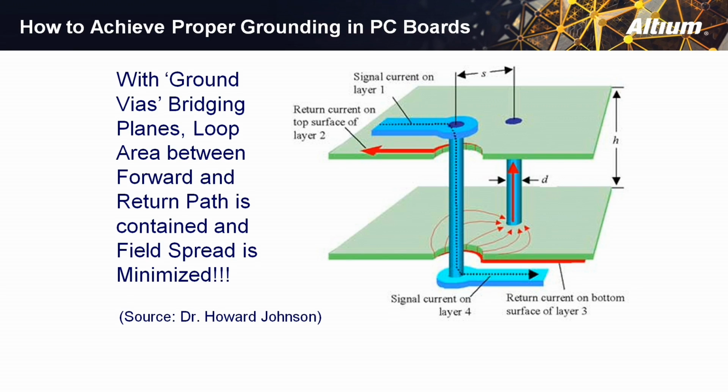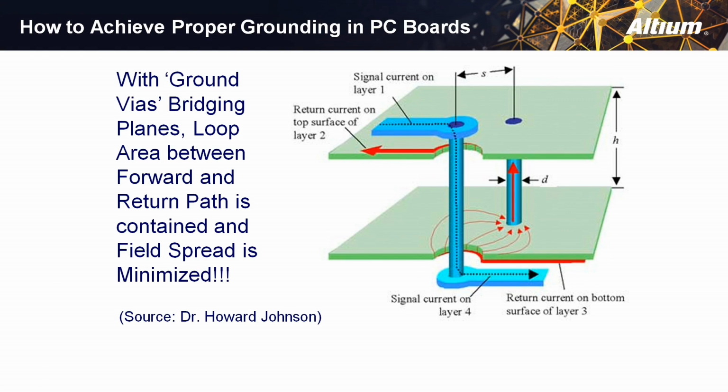All the fields as it's going through the dielectric are coupling between the 2 vias. And when it gets down to layer 3, the fields establish a current in the top of layer 3, the energy couples through the hole, and then continues on in the dielectric space between 3 and 4. Notice that the fields between the vias are coupling across the outside of the vias, not the inside. There is no current flow inside a via.